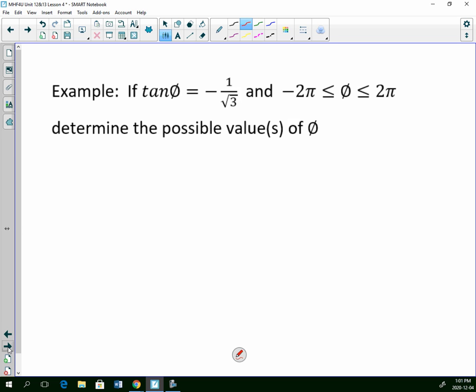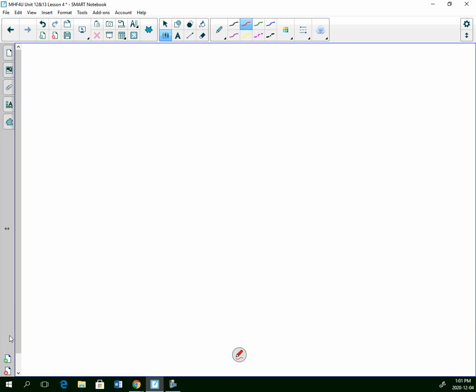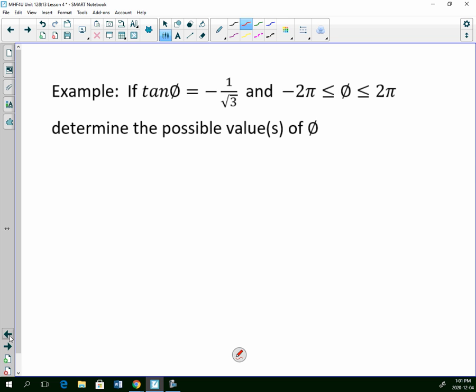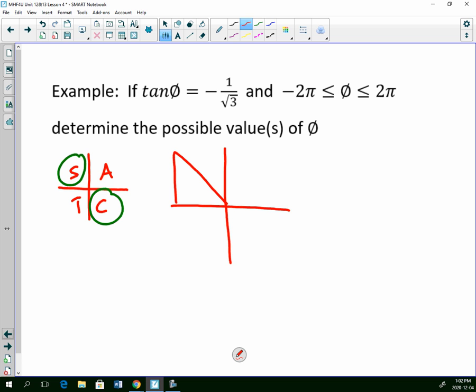Okay, well, this is the last question. We want to find the angles where tan is -1 over √3. This one I can use the CAST rule. Tan is negative in quadrants 2 and 4, so I'm going to draw my triangle in quadrant 2 and quadrant 4.